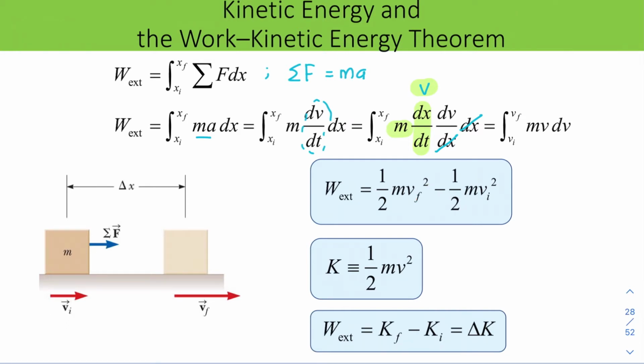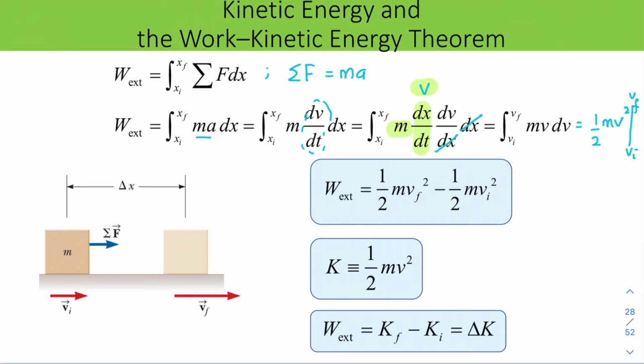Let me show you. Integrating this, you're going to have half M V squared with the limits V initial up to V final.